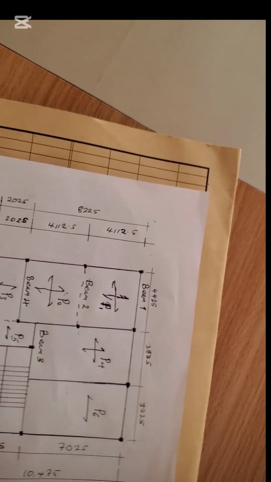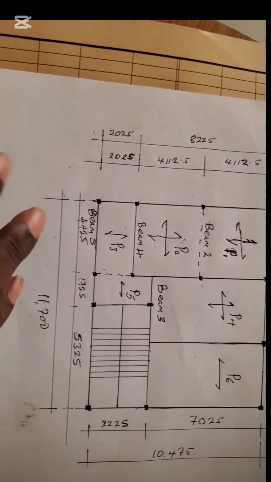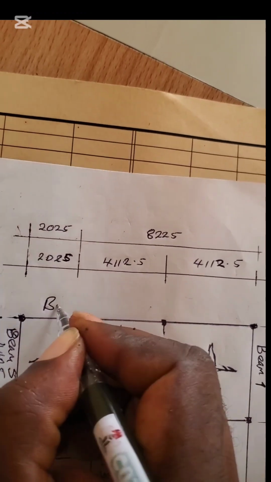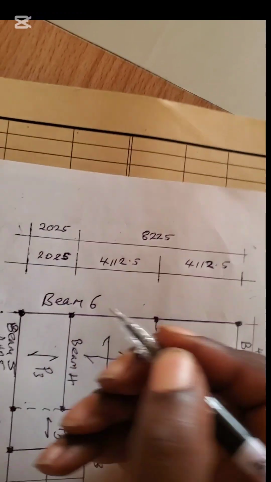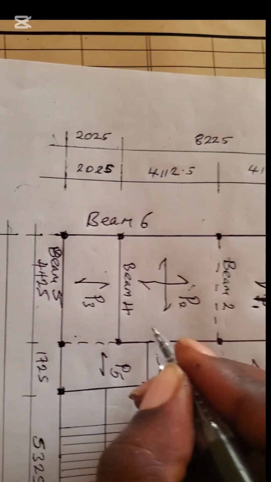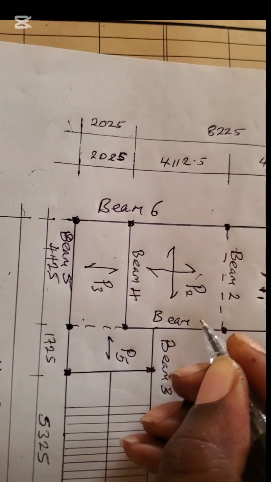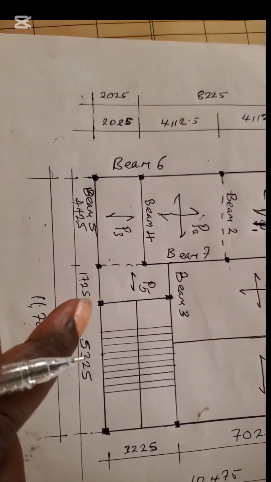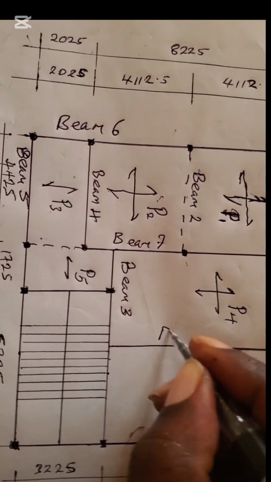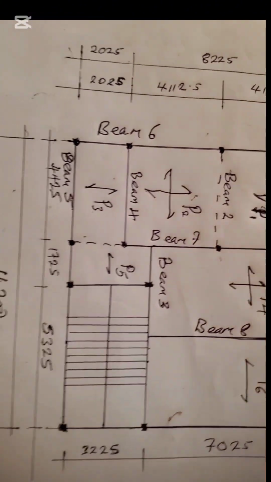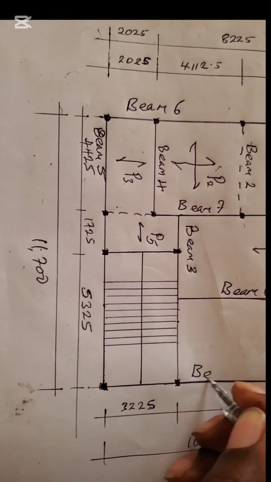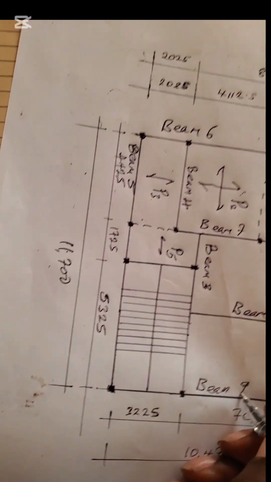Now let's go to the vertical beams. We have gotten beam 5. Then here we call this one beam 6. The next vertical beam, we call this one beam 7. The next vertical one, we call beam 8. Then the last one, we call beam 9.